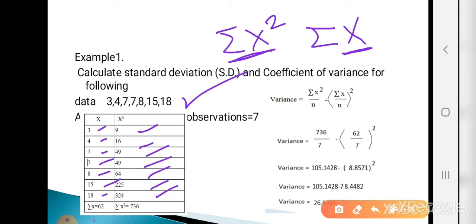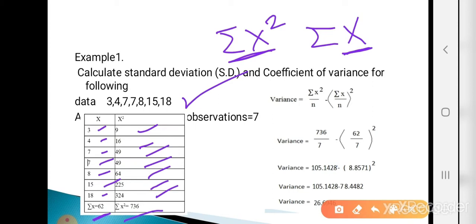The summation x value is 62, that is 3 plus 4 plus 7 plus 7 plus 8 plus 15 plus 18. Now the summation x square value is 736, that is 9 plus 16 plus 49 plus 49 plus 64 plus 225 plus 324.